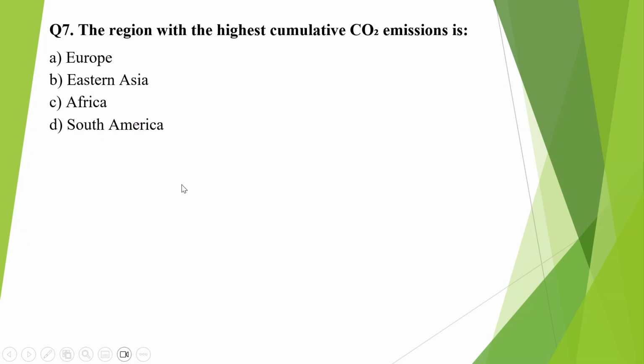The correct answer for this one is option A, not D: Europe. Option A is the correct answer for question number 7, because it was well discussed that the historically highest CO2 emissions came from option A, Europe.